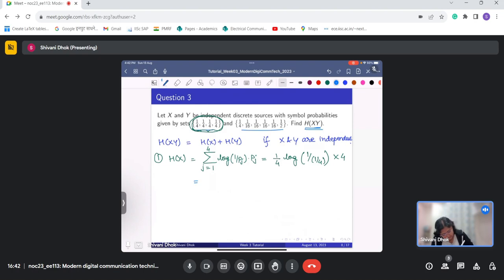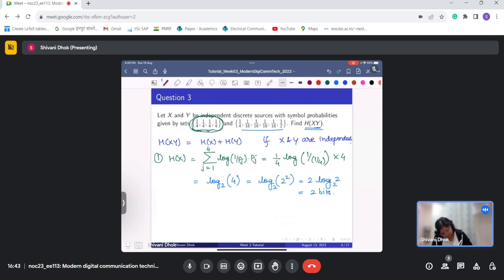So this I can write as log to the base 2 of 4, which is equal to log of 2 square, which is 2 times log 2 to the base 2, which is equal to 2 bits.